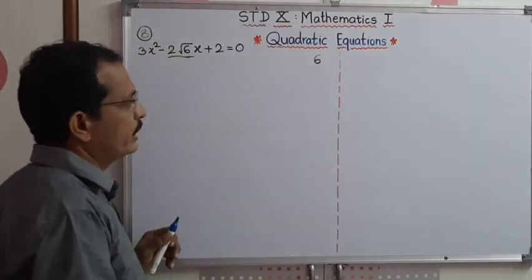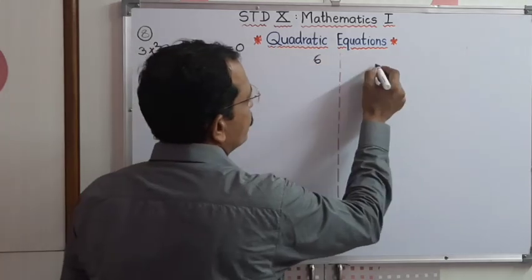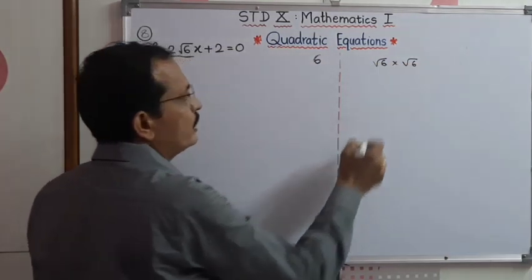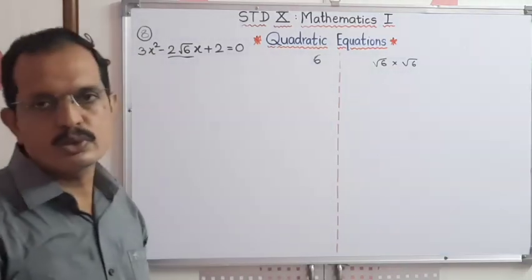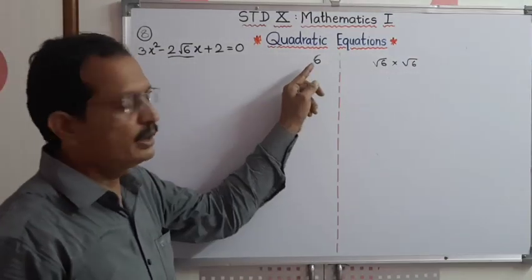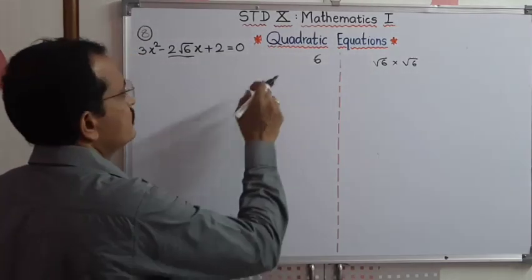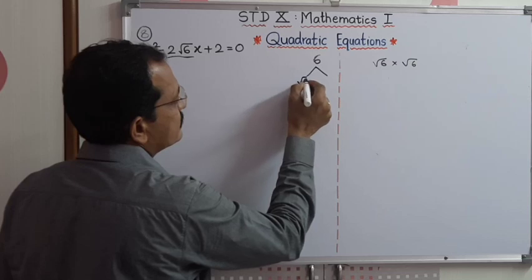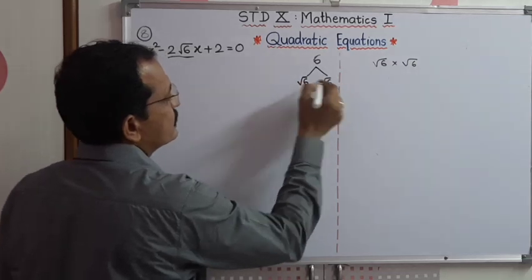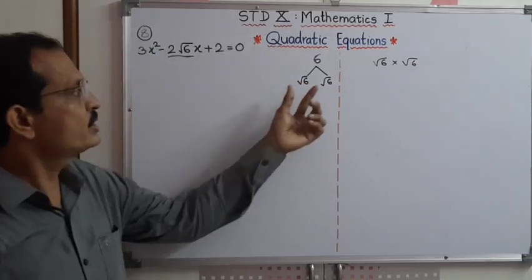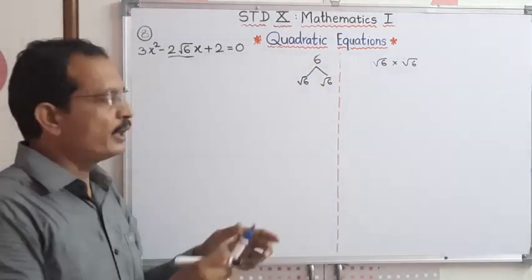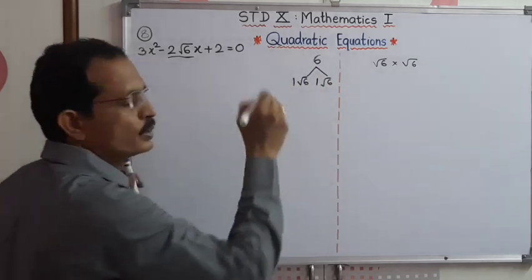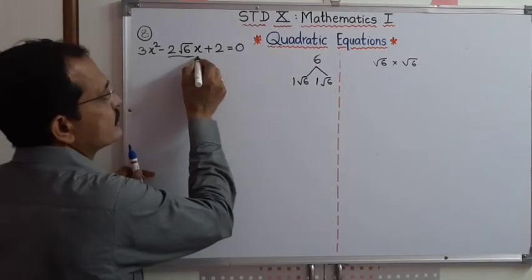Just now I told you that this 6 we can write root 6 and root 6. Root 6 into root 6, then it will be 6. Same way, suppose I write here root 6 and here it is root 6. Multiplication is 6, and if we add, this is 1 root 6 and here it is 1 root 6, it is 2 root 6.